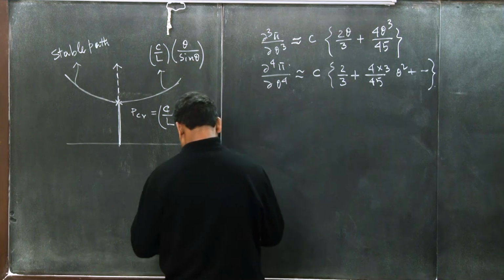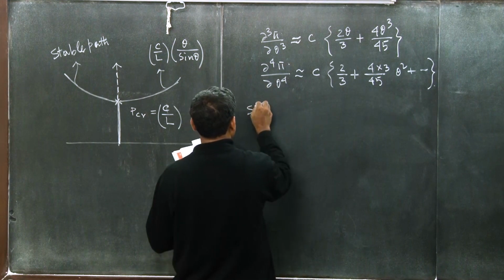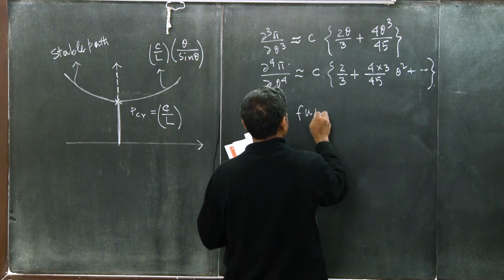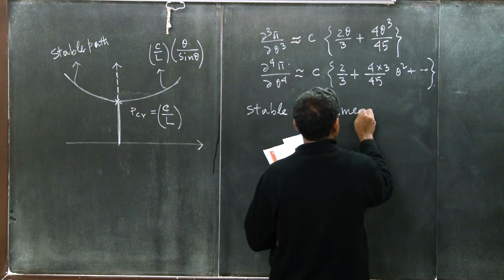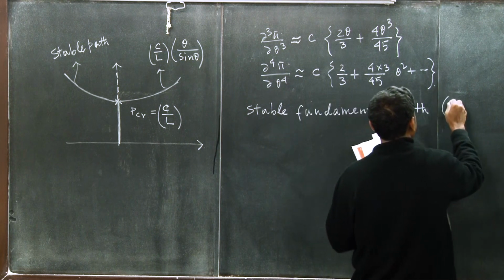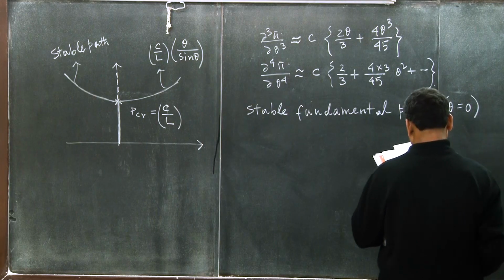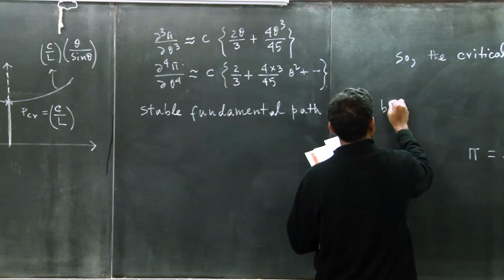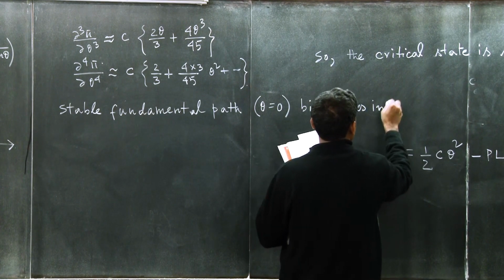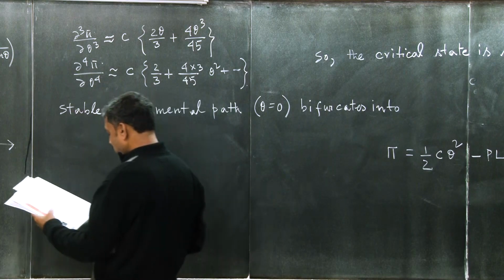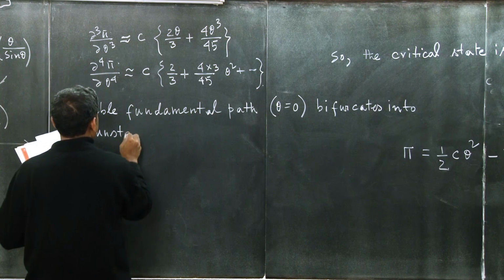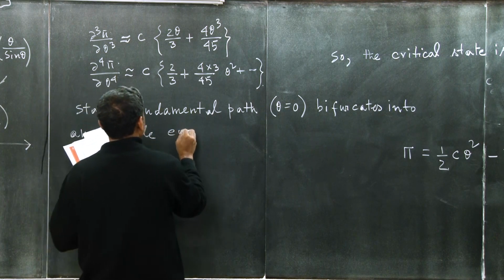I am just writing that stable fundamental path, that fundamental path, which is nothing but theta equal to 0, bifurcates into an unstable equilibrium path.